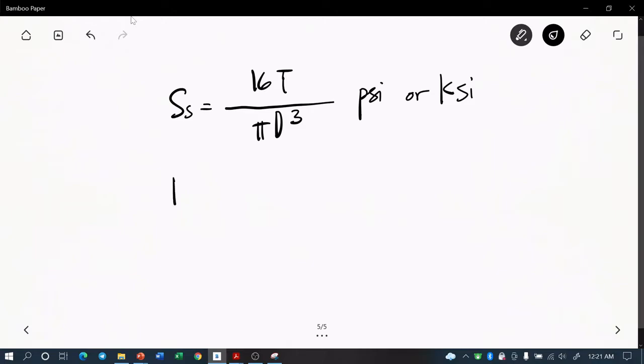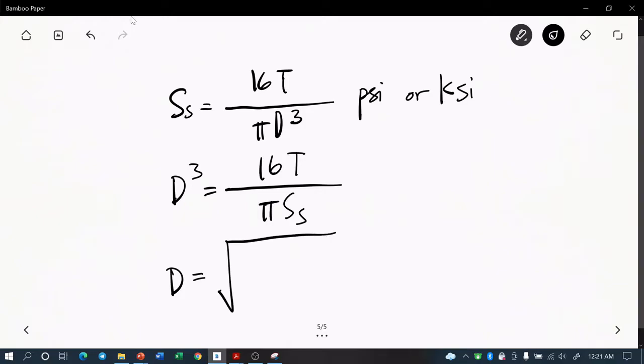The d cubed is equal to 16T over pi S sub S, or d is equal to the cube root of 16T over pi S sub S. This expression will be used in order for us to solve the diameter.